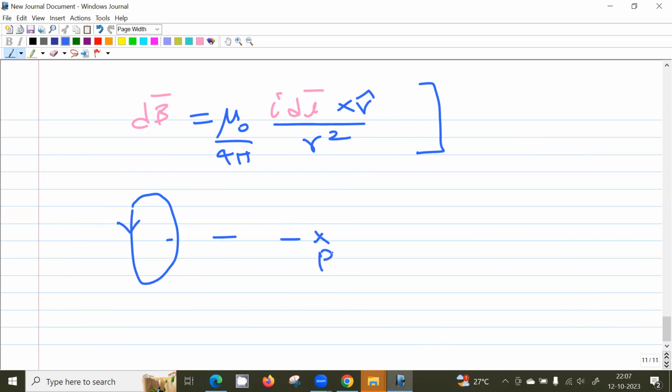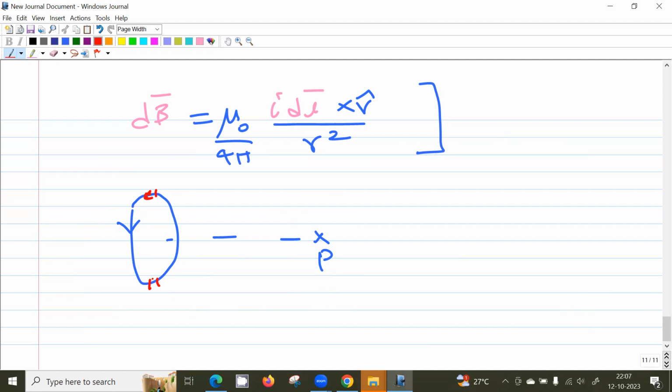This derivation is there in NCERT, so you should know how to get this relation. To do this derivation, we choose two elements diametrically opposite. The current is in this direction, so Idl here is this way.